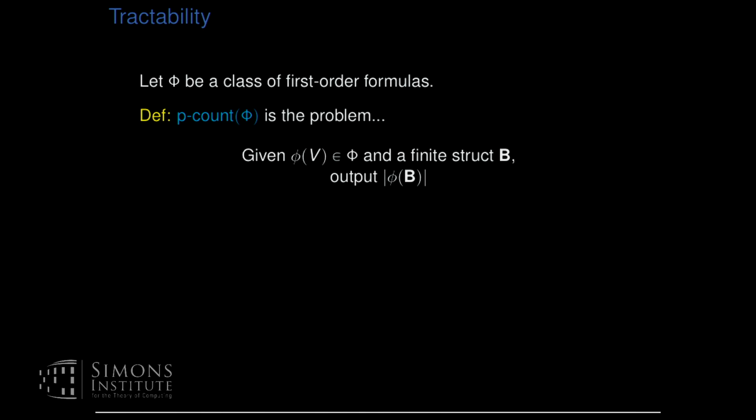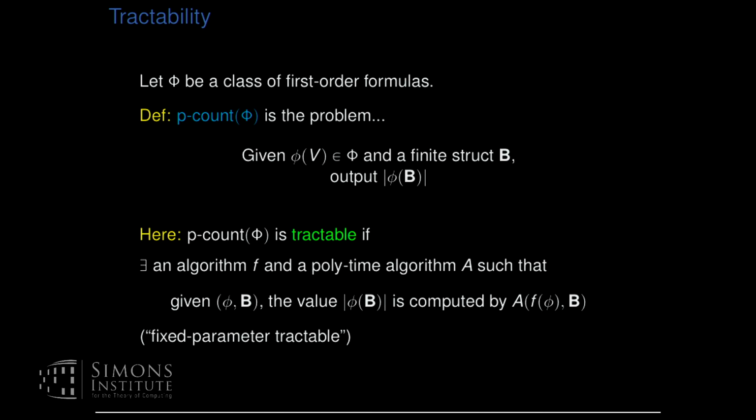So again, this is our family of problems. For every class of formulas, we have a counting problem over phi. We want to understand which ones are tractable and which ones are intractable. The particular notion of tractability we use is fixed parameter tractability. So here's a formulation. We relax the notion of polynomial time to allow a computable preprocessing in the formula.